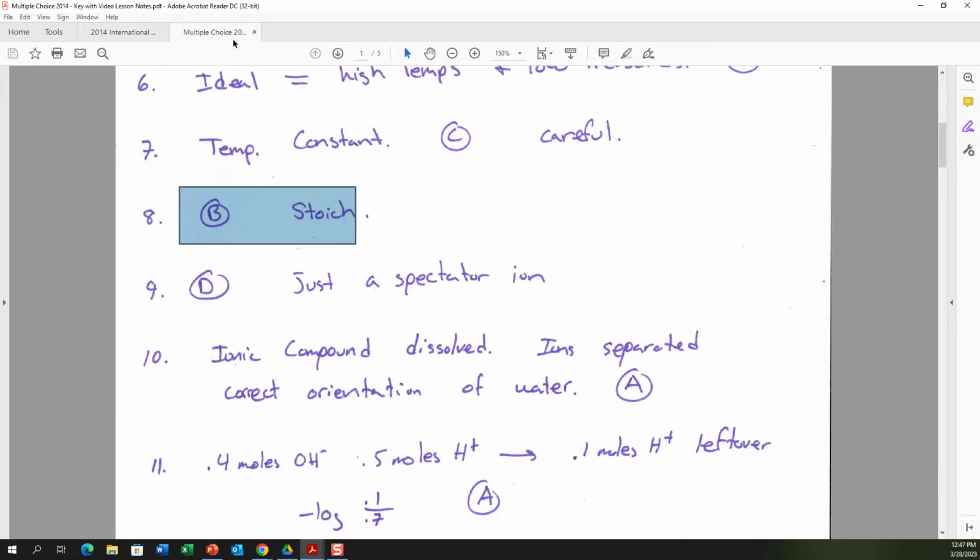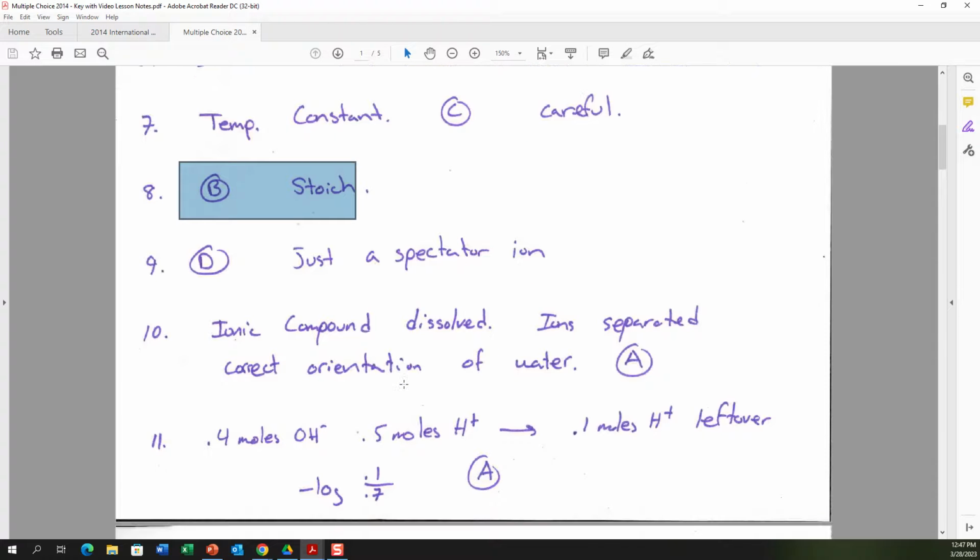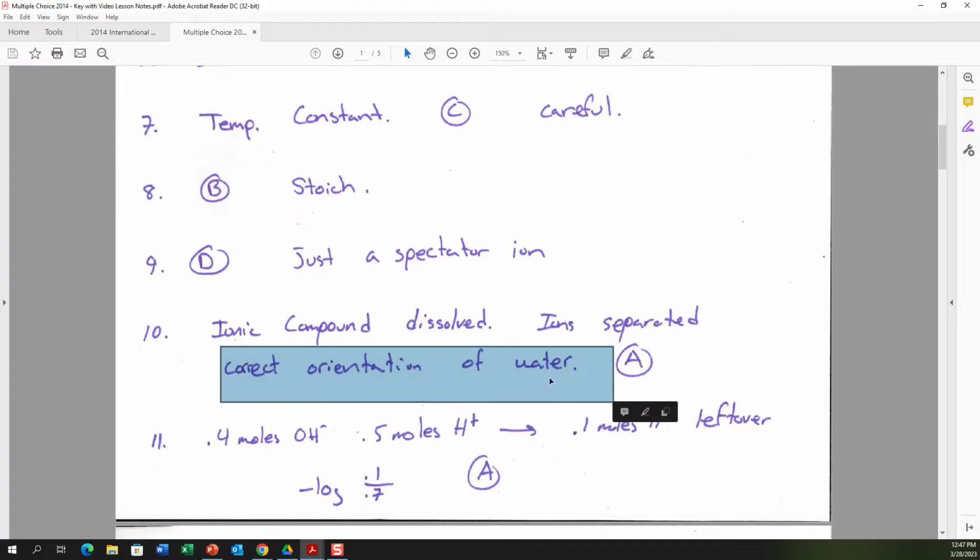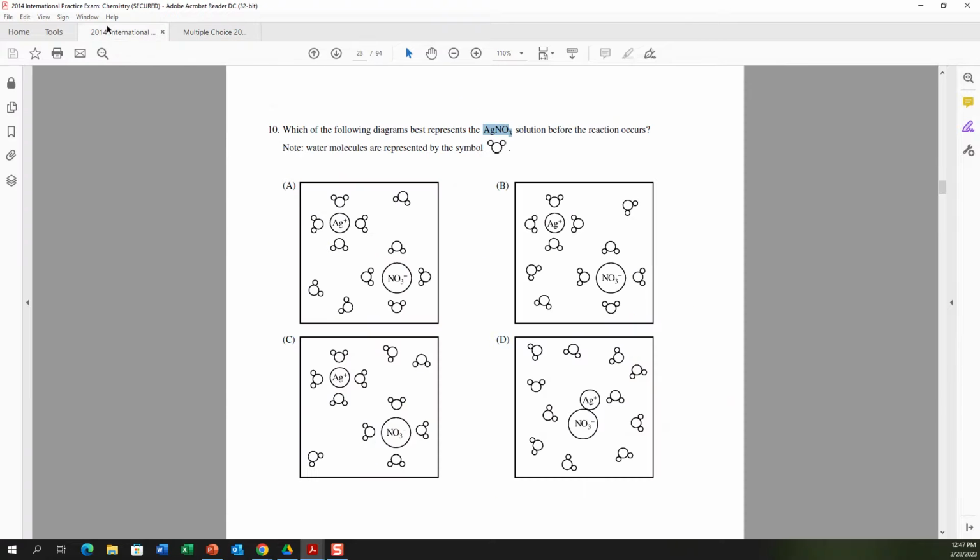But you also want the proper orientation of water molecules surrounding the ions. This is a positive ion, so you want to make sure the oxygens are facing it, which is happening here. And this is a negative ion, so you want the hydrogens from the water facing the negative ion. This looks like the correct choice, but let's double check.